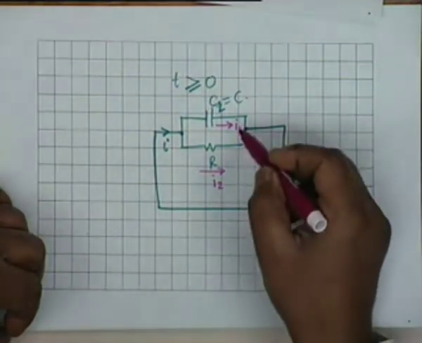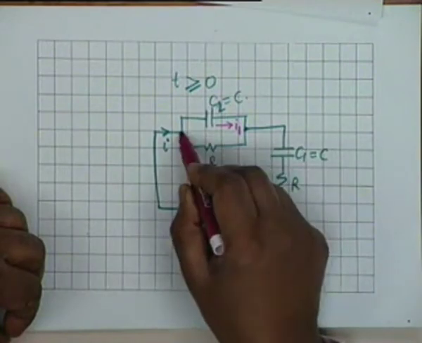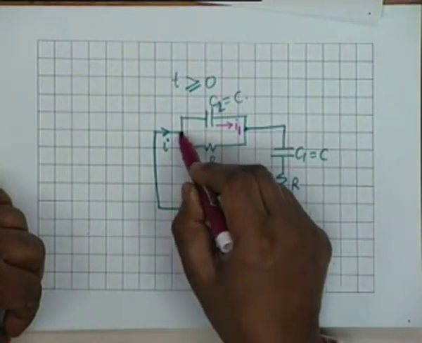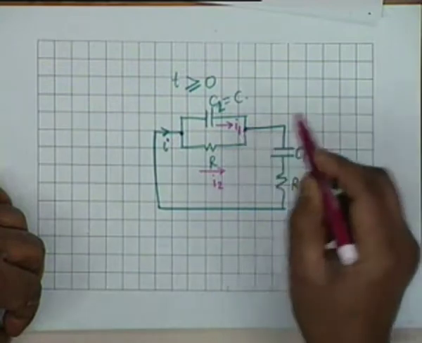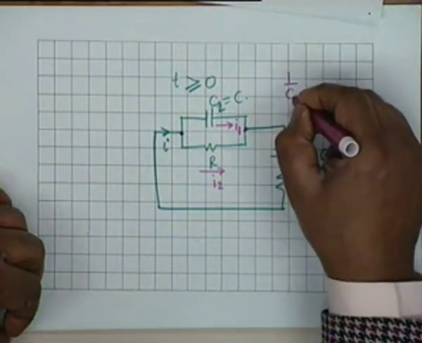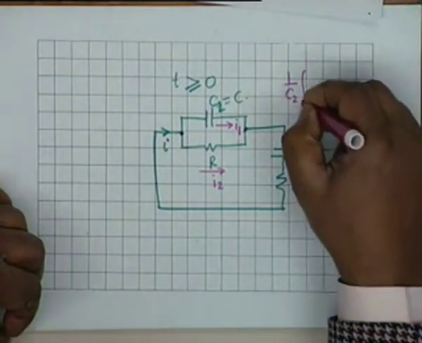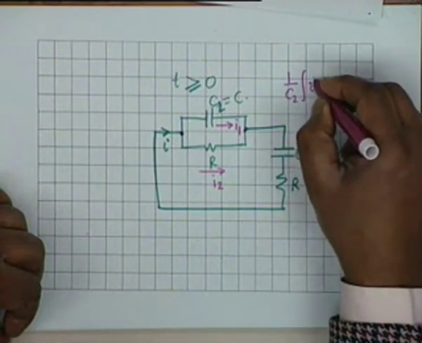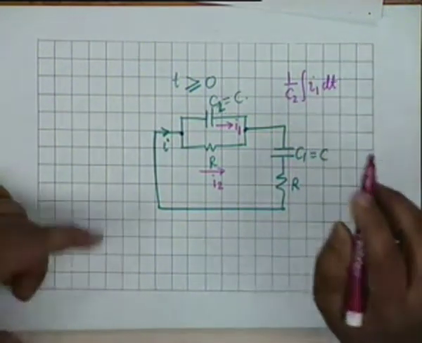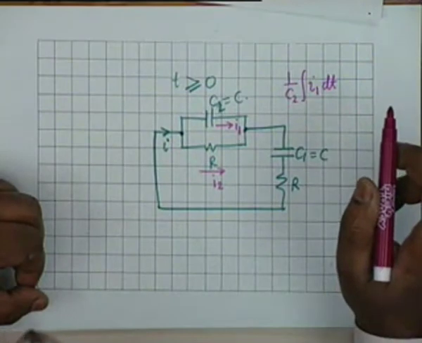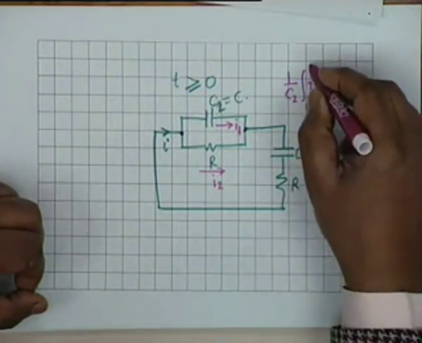All right. So the voltage drop from this point to this point would be simply 1 over C2 integral I1 dt. Is that clear? From 0 to t.